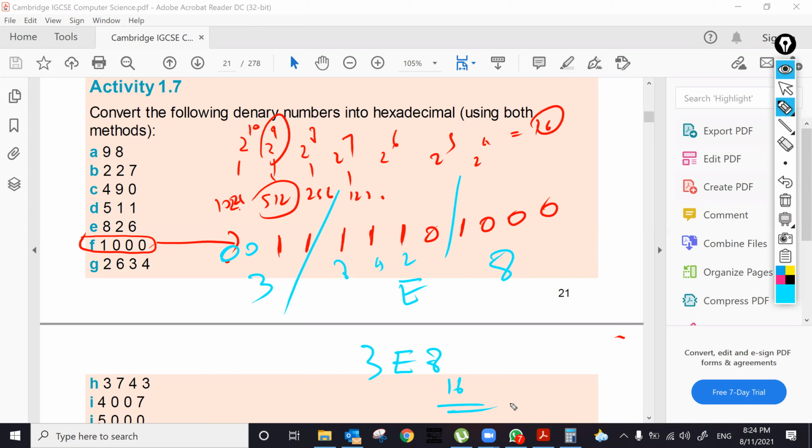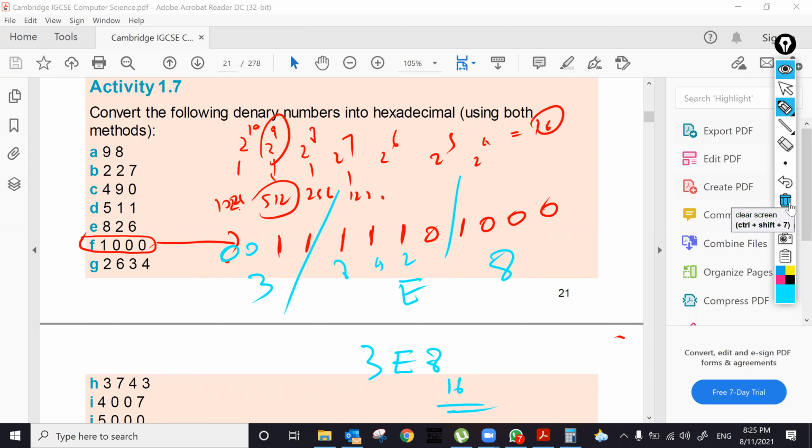Yes. I think this is the simple way when it comes to converting denary numbers to hexadecimal, if you are going to divide. But remember, I don't know if scientific calculators are allowed. Not sure. If they are allowed, division is simpler than this. But I don't think they allow scientific calculators, right?